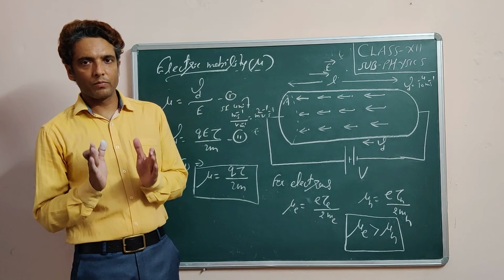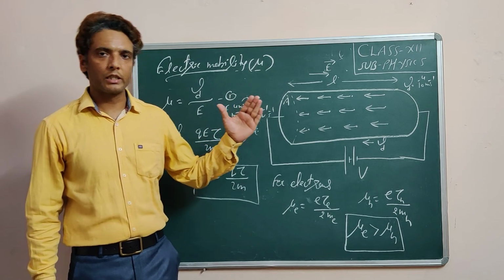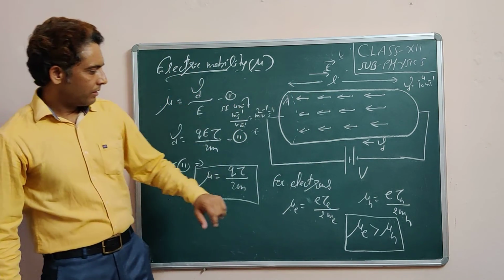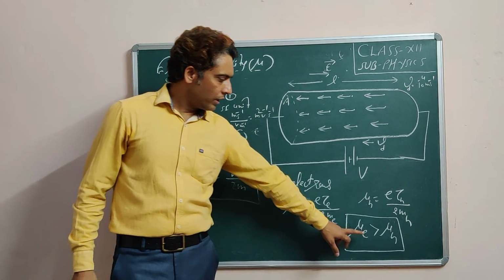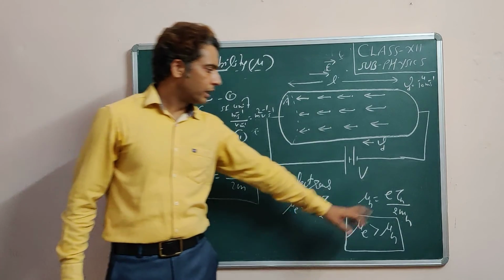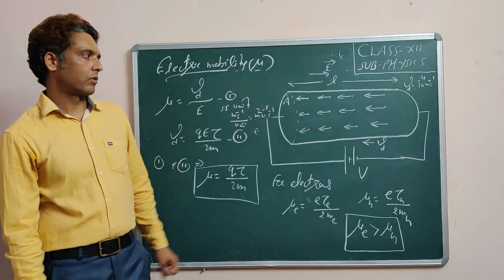The number of electrons per unit volume of the conductor is large. That's why the current in a conductor can be large. In case of mobility, I said the mobility of electrons is greater than the mobility of holes due to the greater effective mass of holes as compared to that of electrons.